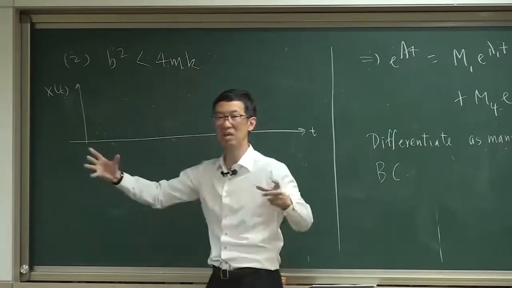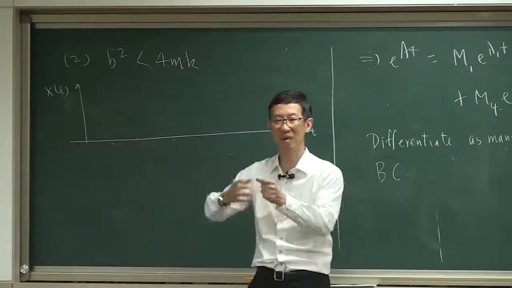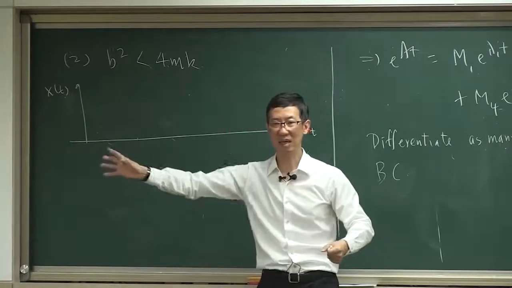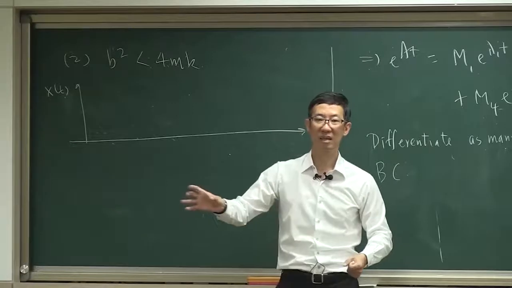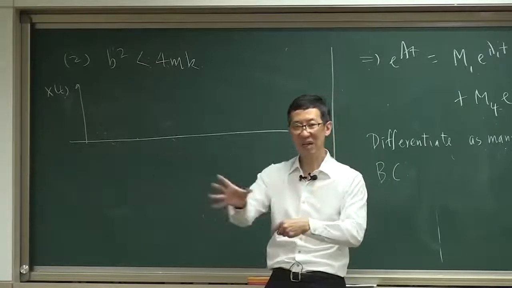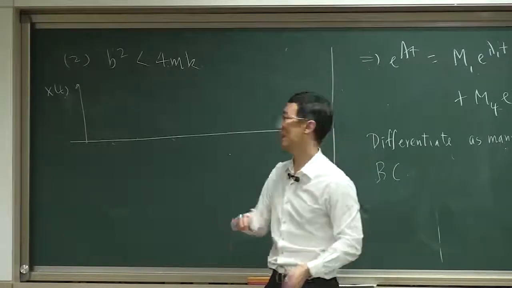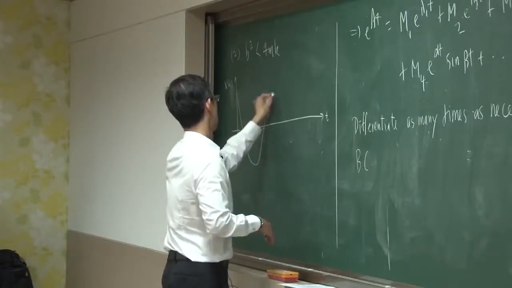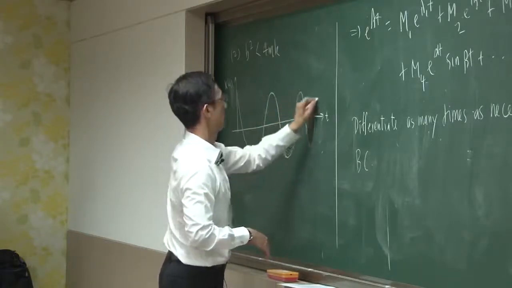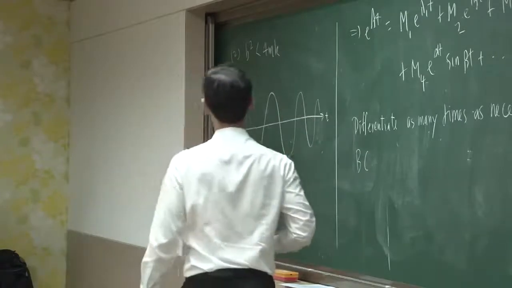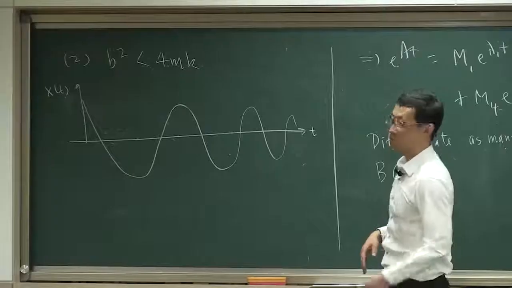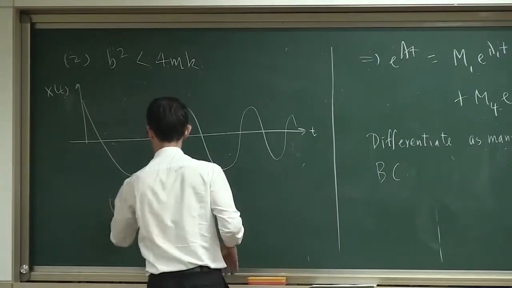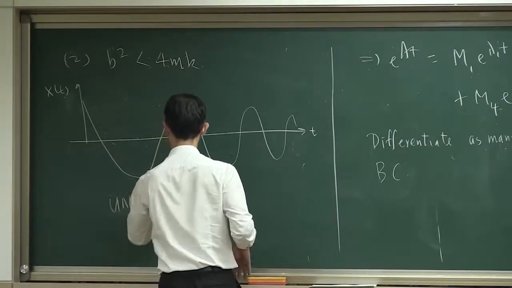The spring is much more powerful compared to the friction. So if I pull it and let it go, it's going to start oscillating. Eventually, if there's some friction, it'll die down and go to rest. So this is the underdamped case.